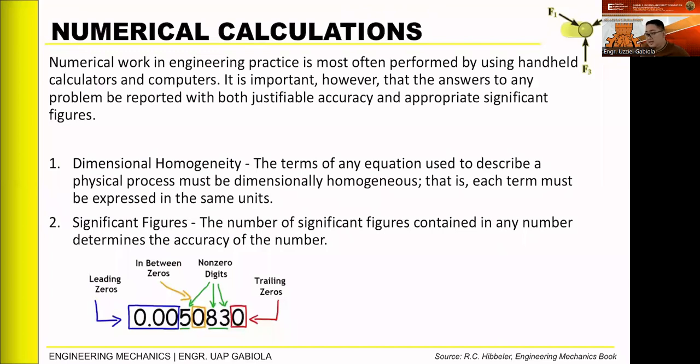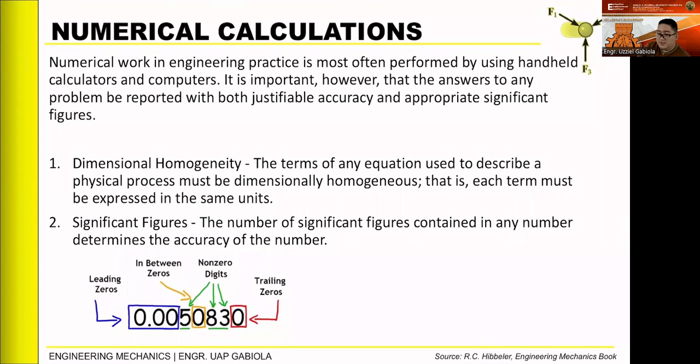Kasi baka mamaya maglagay kayo ng squared doon sa mga prefixes natin. And also, homogeneity natin, kung halimbawa sa formula, katulad ng F is equal to mass times acceleration, hindi na natin pwedeng baguhin si kilogram meter per second squared. Pero kung hindi pa siya nakaganoong form, kailangan gawin mo muna siya sa base unit niya before you can continue, or gawin mo muna siyang homogeneous bago mo siya i-solve. Okay?